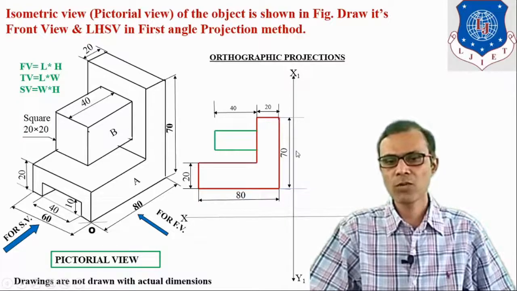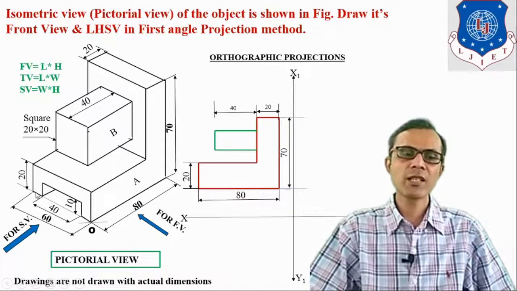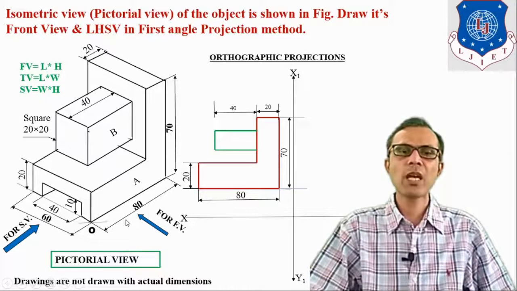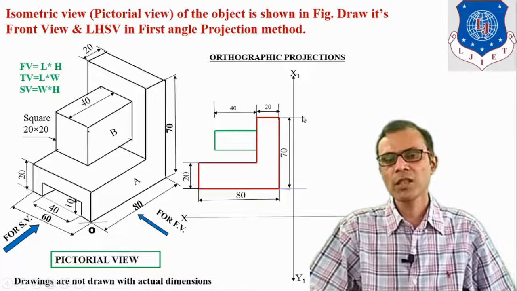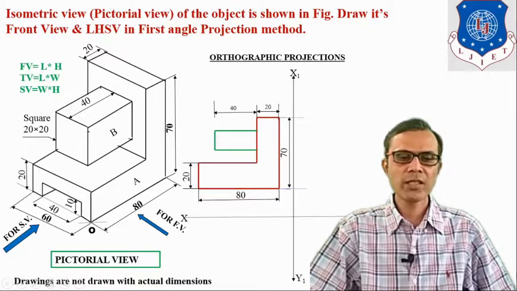So take projection from this front view. For the side view, as we discussed, we can see two dimensions, that is width and height. By taking projection, we can get this dimension, that is height. The other dimension is width, that is 60, which we will take by measurement.